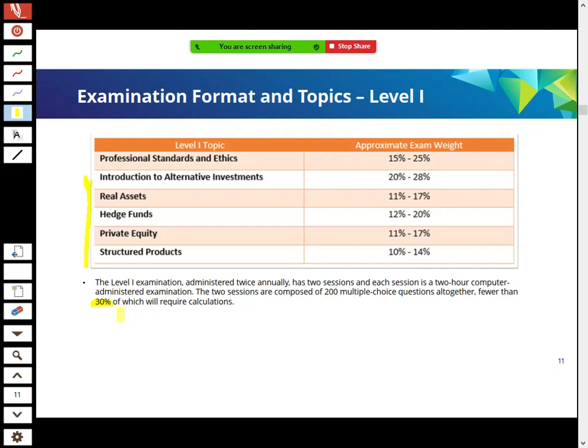Okay. So apart from real assets, hedge funds, private equity, and structured products, there is a little bit of calculation, and I think most of the calculations will happen here, in the introduction to alternative investments. Before we talk about the specific alternative investments, we need to know how to look at returns, how to measure returns, and on the other side, how to look at risk and how to measure risk.